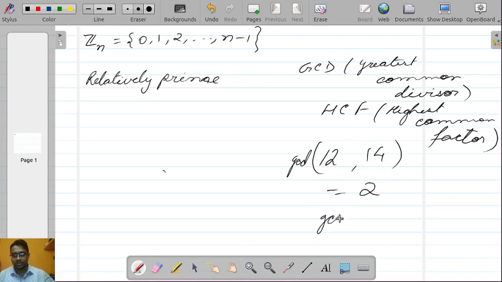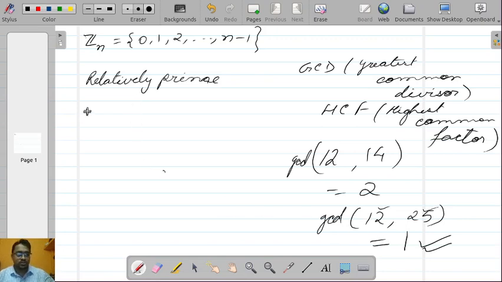But see, GCD of 12 with say something like 25 is actually equal to 1, because the only way that we can write is 12 into 1, and 25 is 25 into 1. There are no other common factors except 1. So GCD of these two numbers is 1. So when this happens, that the greatest common divisor of two integers is 1, then we say that the numbers are relatively prime.